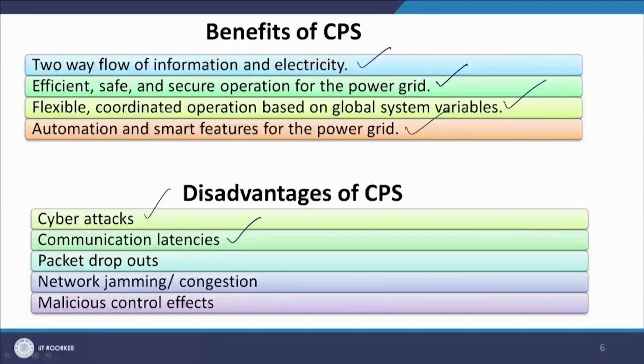That means they will invite challenges with cyber threats and failures, and also you may experience communication latency, packet dropouts where some data may be missed, network jamming and congestion, and malicious control effects. So, on one side you have a lot of merits of having a cyber physical system, and on the other side you do have huge challenges. So, you have to see how those challenges can be reduced and the benefits can be upgraded.